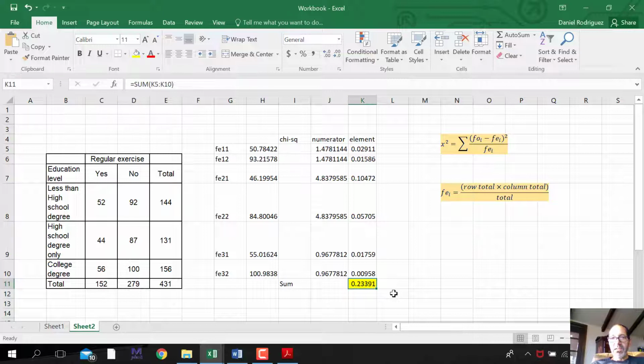Therefore, we cannot conclude that there's a relation between education and physical activity. If there was, you'd see a clear difference between the observed and expected values. If you look at these, they're very close, like 44 and 46, 87, 84, 56. That is a clear indication that we have nothing there.